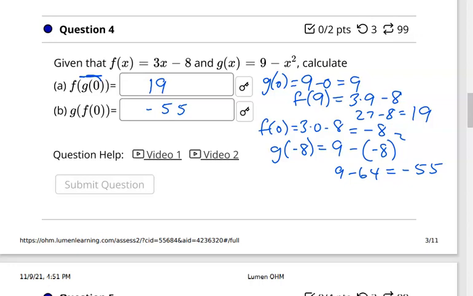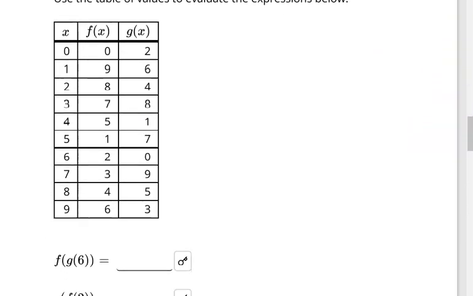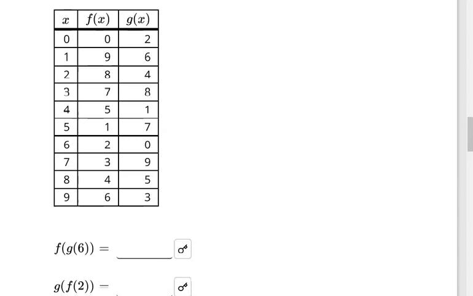Now we have a table that we're then going to fill out the values. Well, we don't have a graph this time. We have a table. So, remember, we need to know what is g of 6, and then we'll put that into f. So g of 6, let's see, here's 6. g of 6 gives me 0.